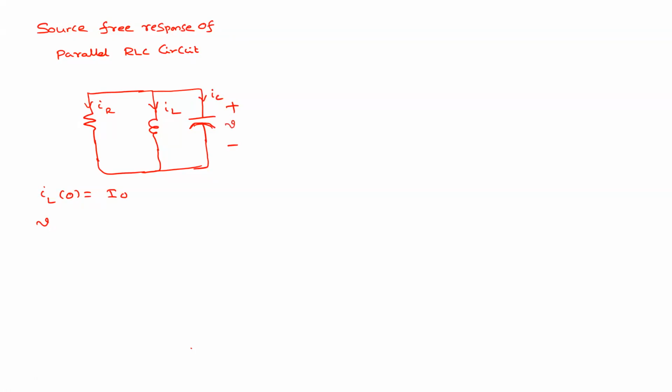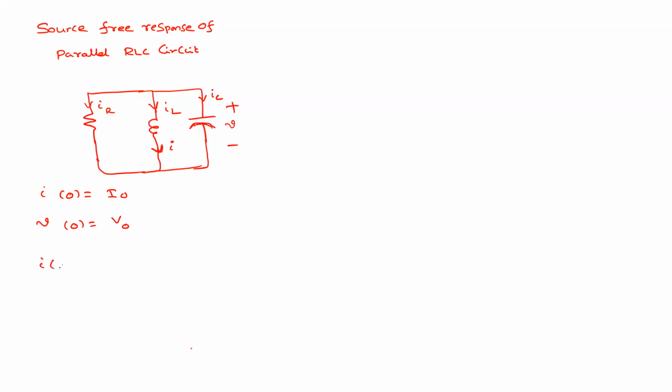For example, the initial capacitor voltage Vc of 0 is equal to V0. I will remove these subscripts to avoid unnecessary confusion. So the initial inductor current I of 0 is I naught and V of 0 is V naught.